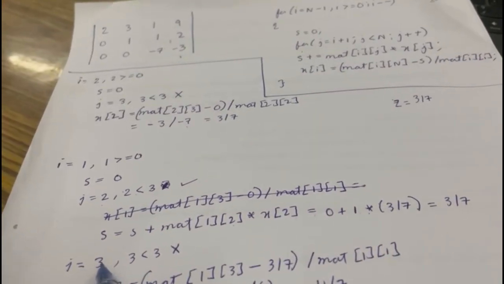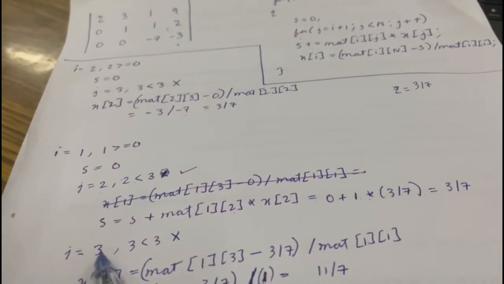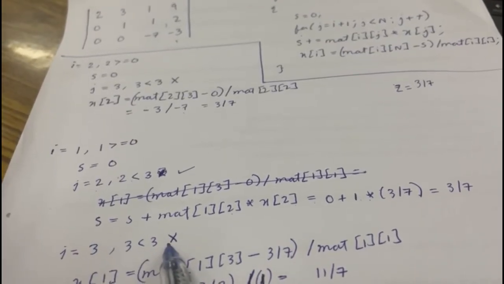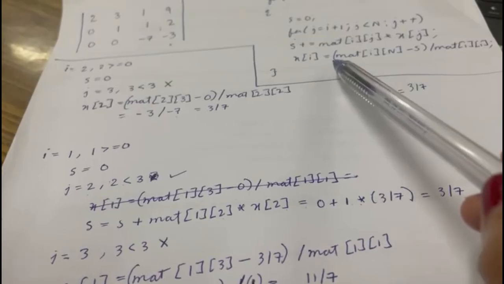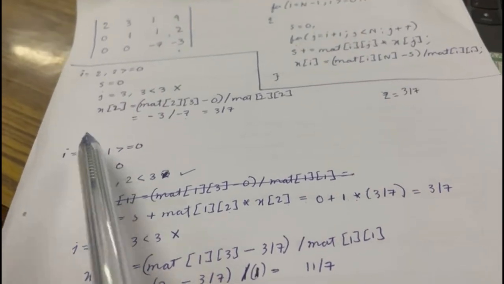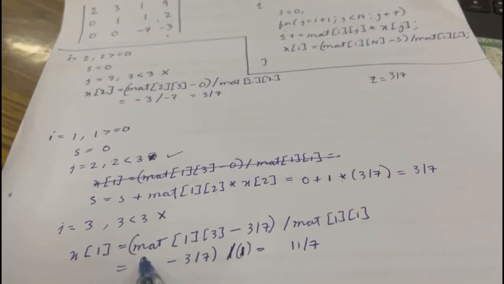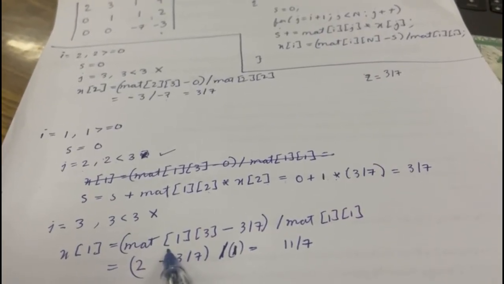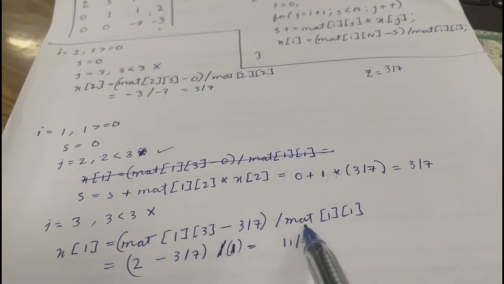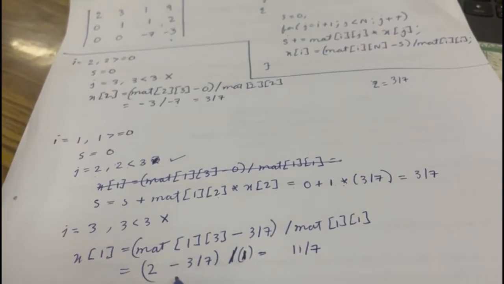Now j equal to j plus plus means j becomes 3. Now 3 is less than 3, no. So we will stop and go to the next line. x of i value is still 1. So x of 1 is equal to, simply put the values, mat of 1 3 minus s divided by mat of 1 1. So how much is mat of 1 3?